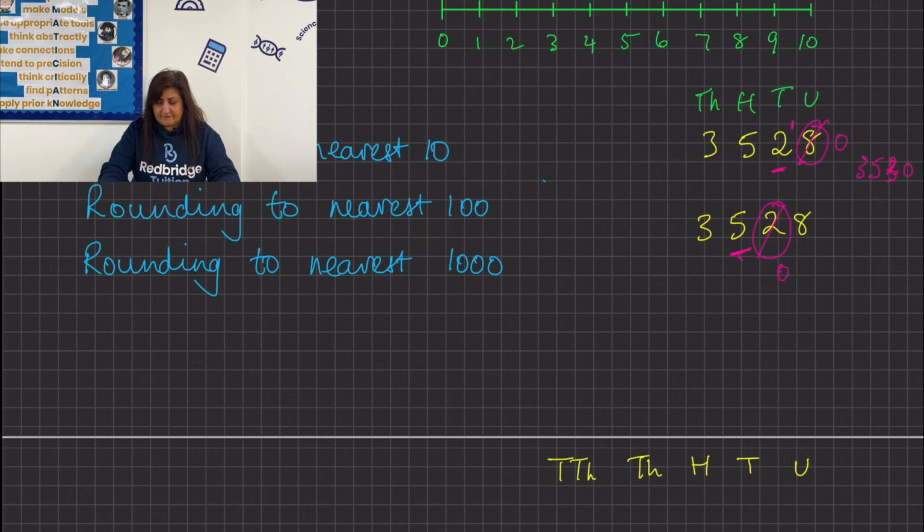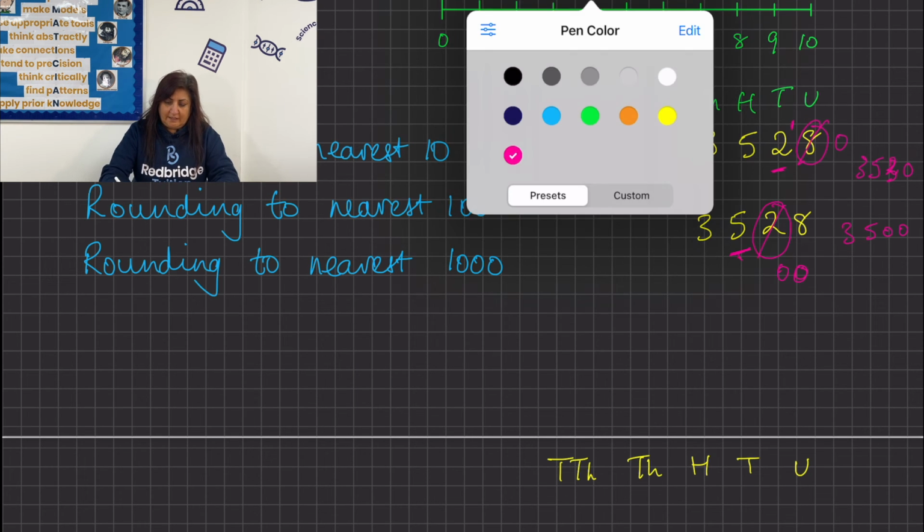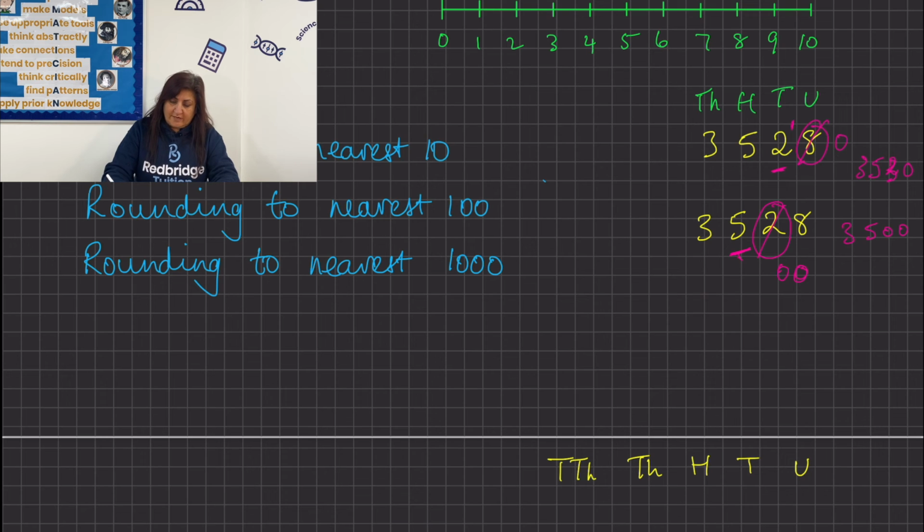Any digits after that automatically become a 0. We don't need to add anything to the hundreds column. So when we round 3,528 to the nearest 100, we get 3,500.